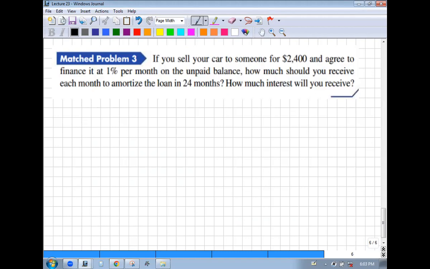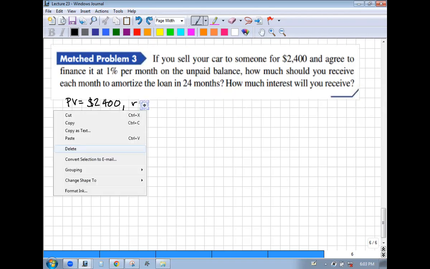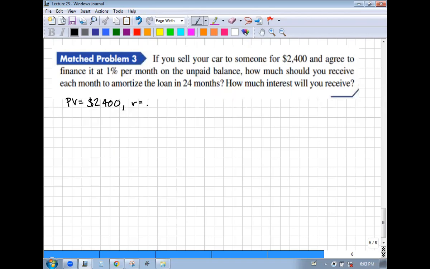If you sell your car to someone for 2,400 bucks, that sounds like a present value to me, and agree to finance it at 1% per month. All right, you've got to be careful here. This is 1% per month. That means your interest rate R is 12%, or 0.12, right?